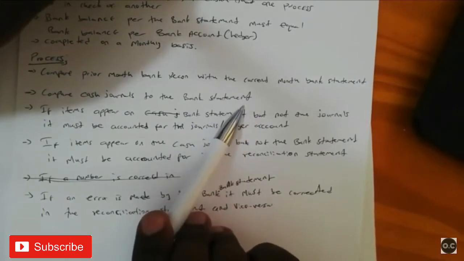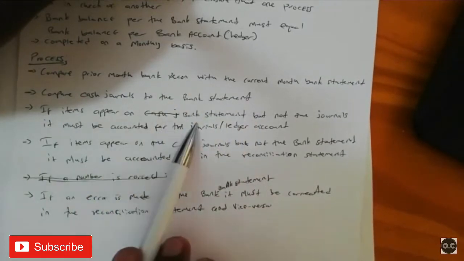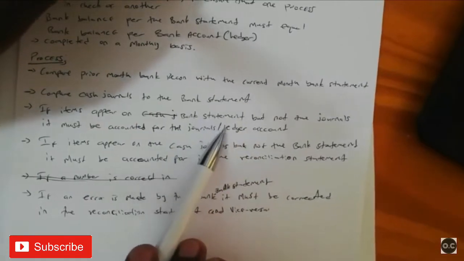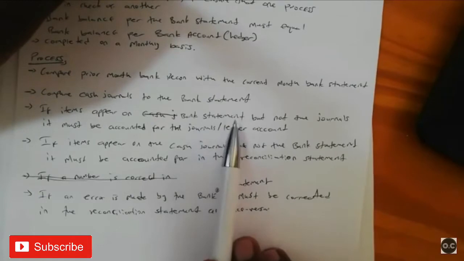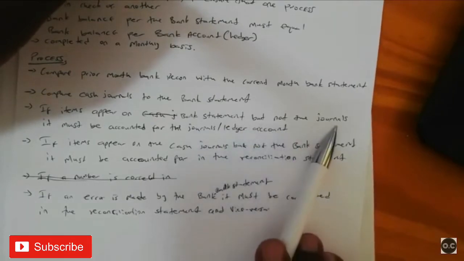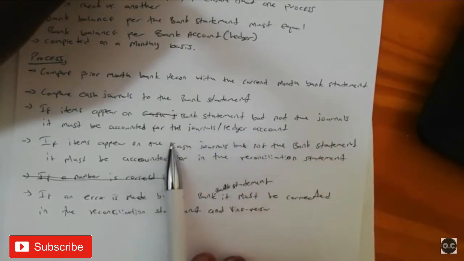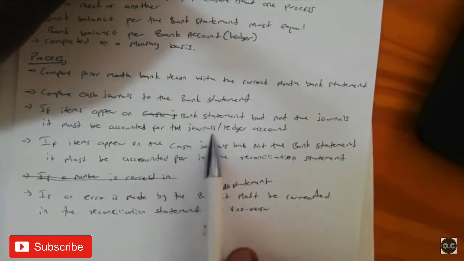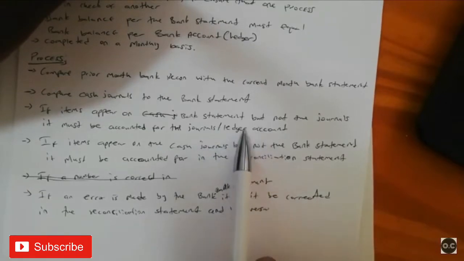Anything that appears on the bank statement from the bank, but is not appearing in your cash receipts journal or your cash payments journal, you must then account for in your cash payments journal or cash receipts journal, or you can account for it straight in the bank account if you are adjusting in the bank account.